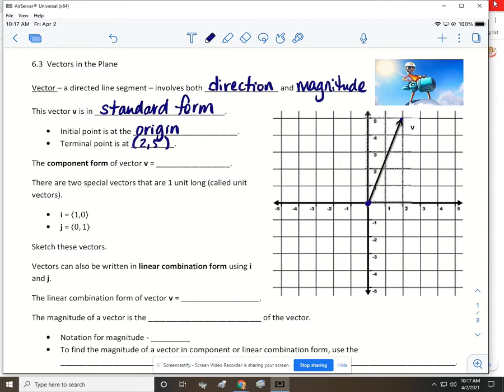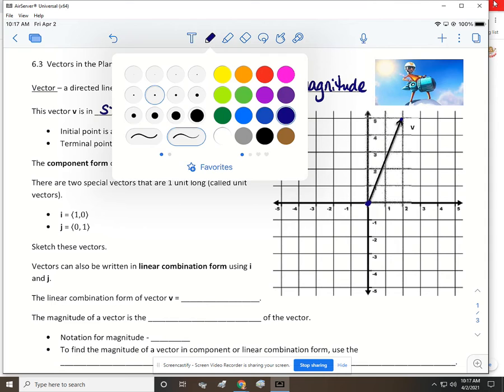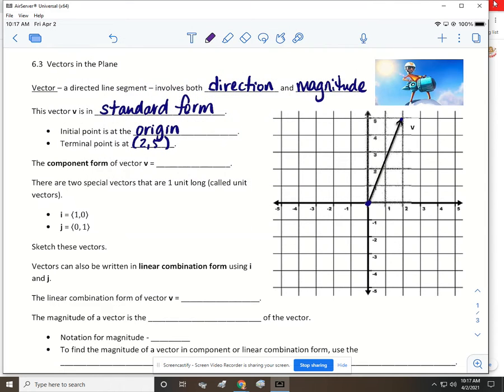And then we can use that terminal point to write what's called the component form of a vector. And so the component form has, I call them pointy parentheses, but that's pretty much what they are. And then the numbers inside represent where the terminal point of that vector is. Right? And then the 2 would be considered the horizontal component, and the 5 would be considered the vertical component.